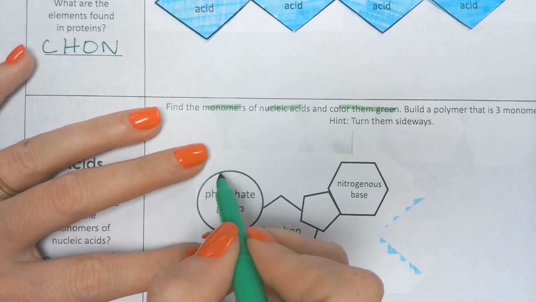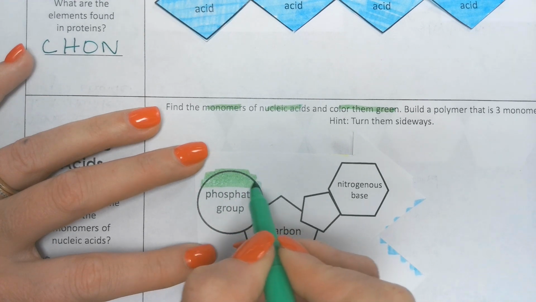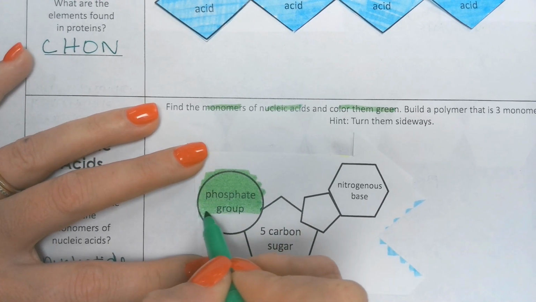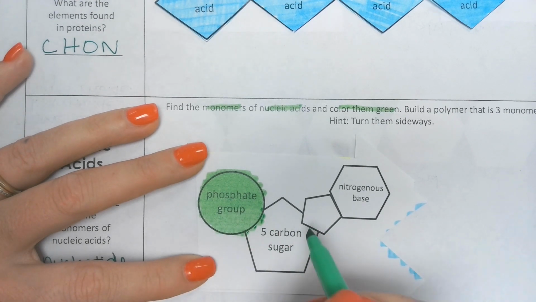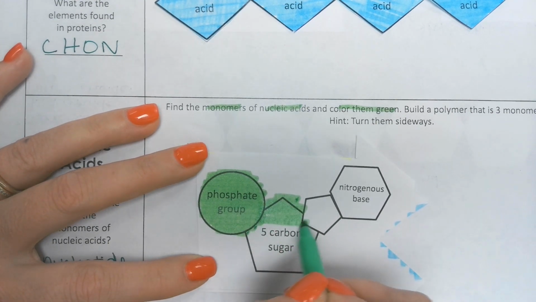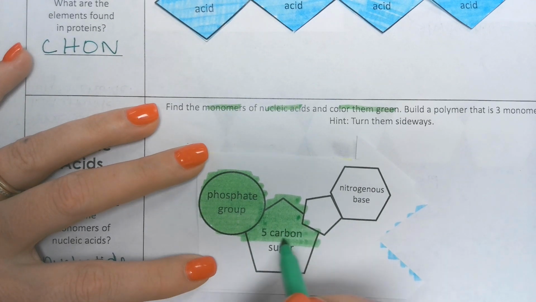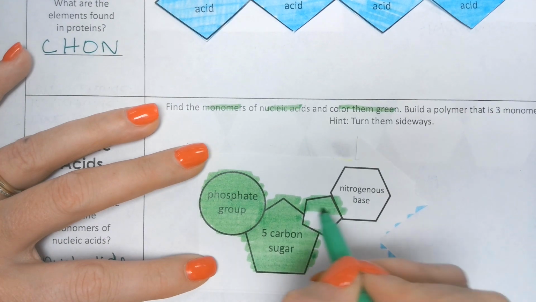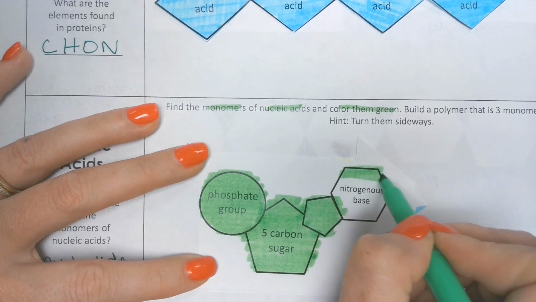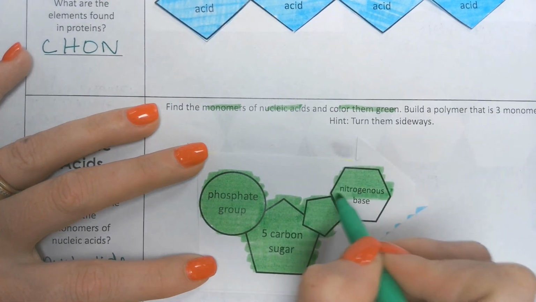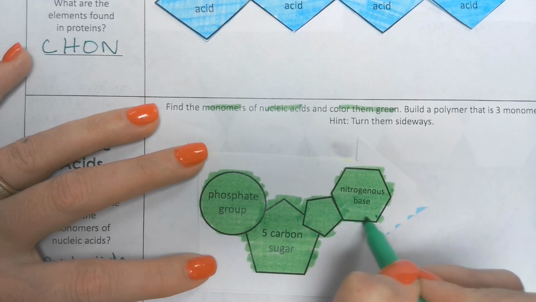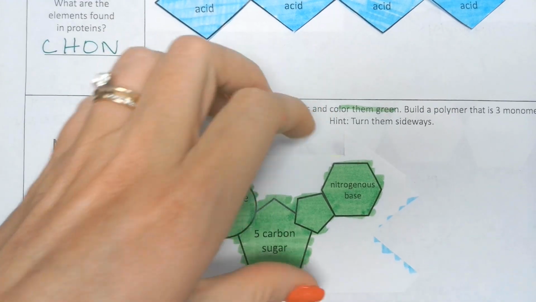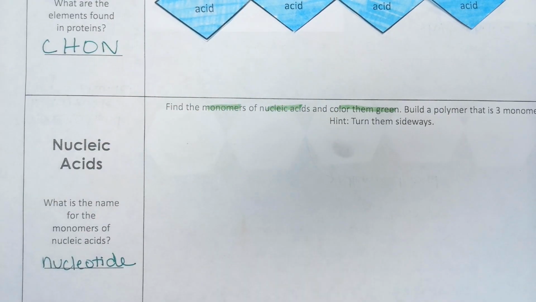As you color these, I want you to make note that there are 3 parts to these nucleotides. Like here I'm coloring the phosphate group. You've also got a sugar. And there's also what's called a nitrogenous base. We're going to learn when we get to genetics there are some options we have for those nitrogenous bases. All right, so let's color those green, cut those out.